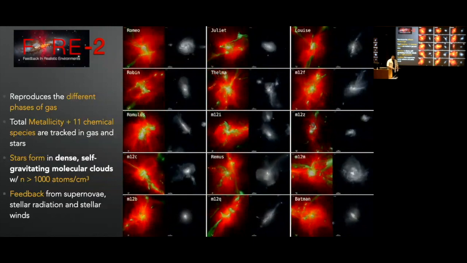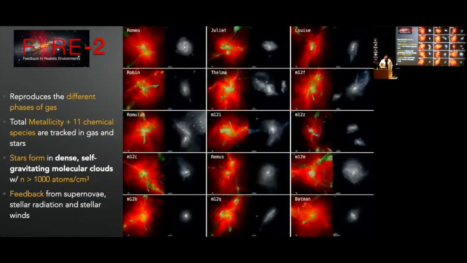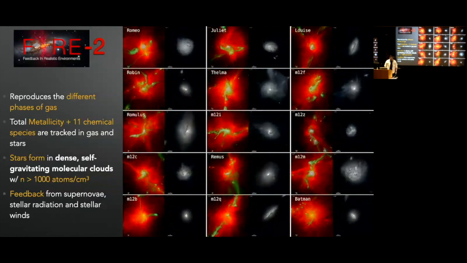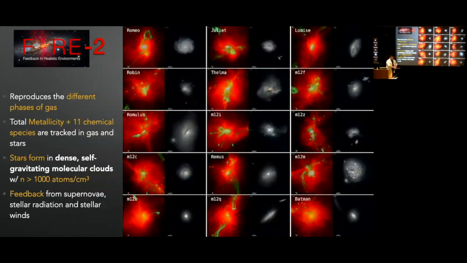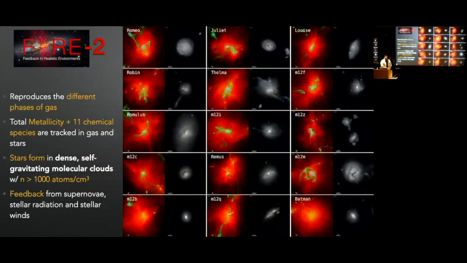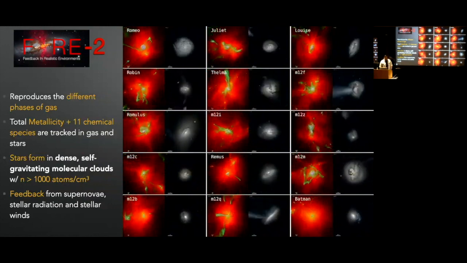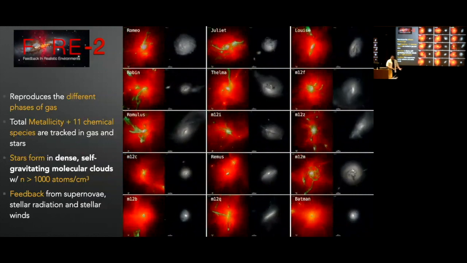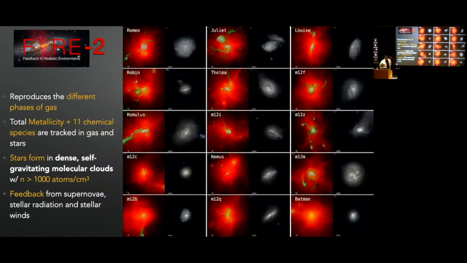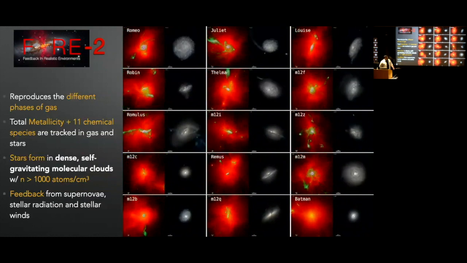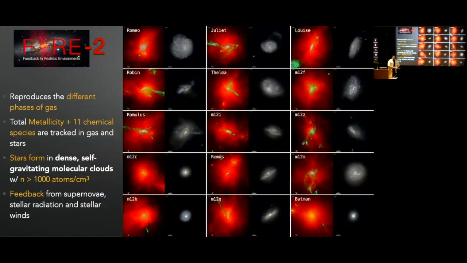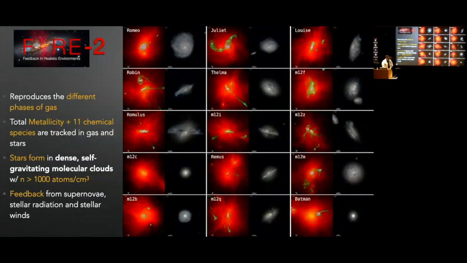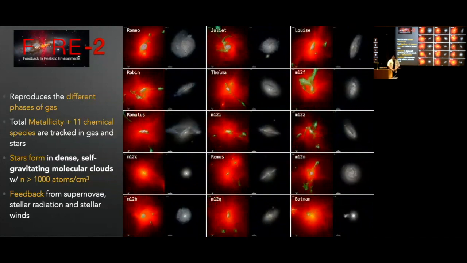It also tracks the metallicity as well as 11 chemical species, both in the gas and in the star particles. The stars that form in these galaxies form in dense self-gravitating molecular gas clouds. They have number densities greater than 1,000 atoms per centimeter cubed. And finally, feedback from the stars is imparted into the environment from supernovae, stellar radiation, and stellar winds.